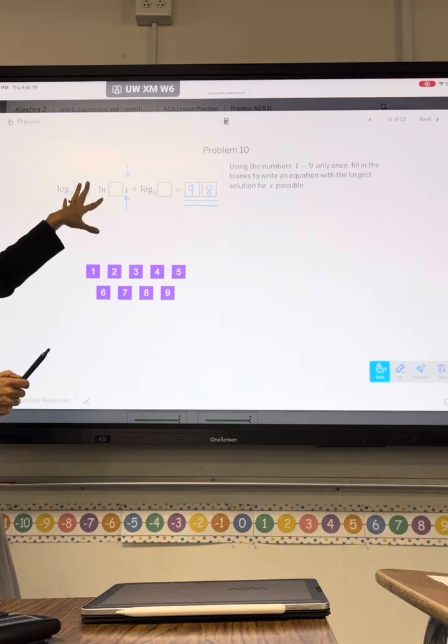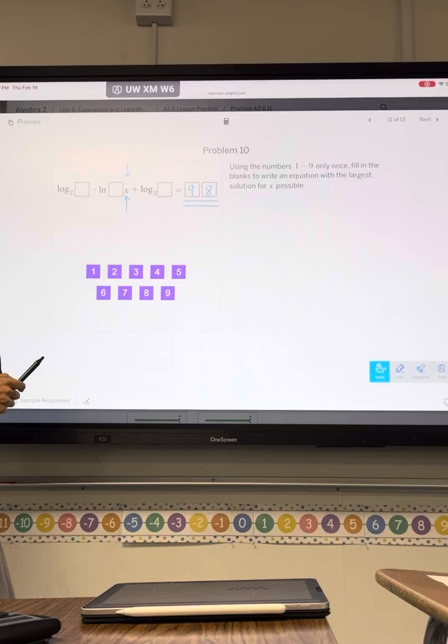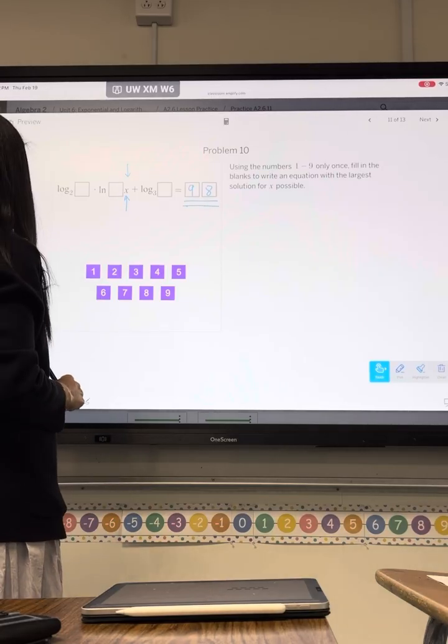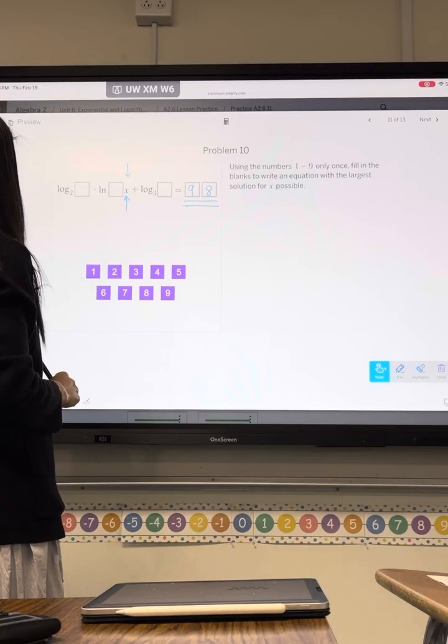But then these are all integers, and this needs to come out nice. So how is ln of something x going to come out nice? Ln of none of those things will come out nice. That's a good one. Or is it a good one? I don't know.